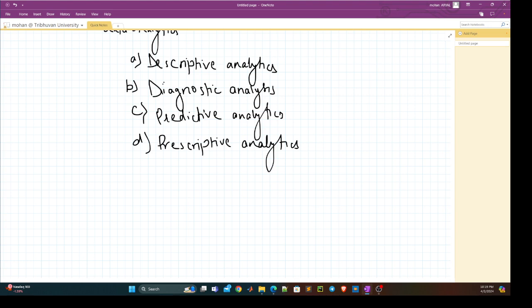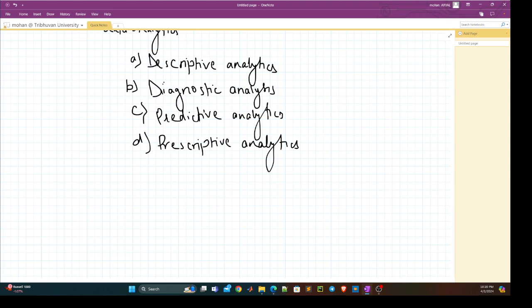We'll discuss these things in detail in upcoming classes. We'll just list down some points over here, and we'll see this in future. So I will say some general points about this classification.